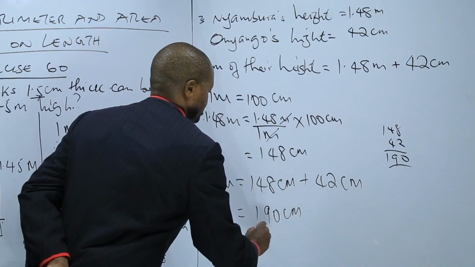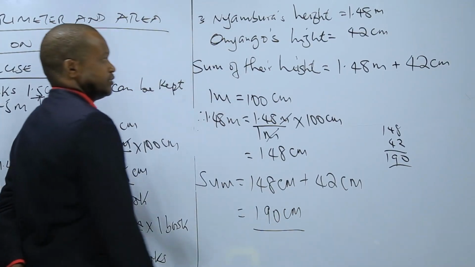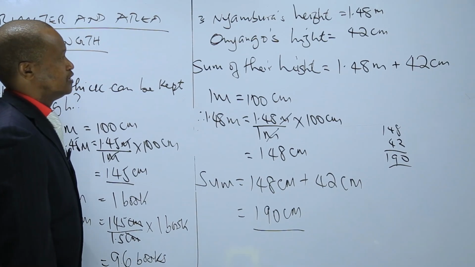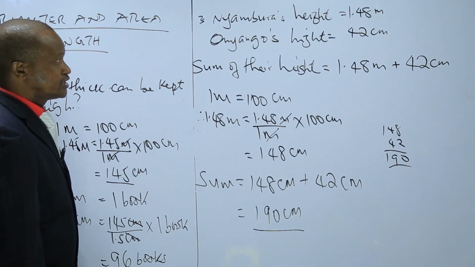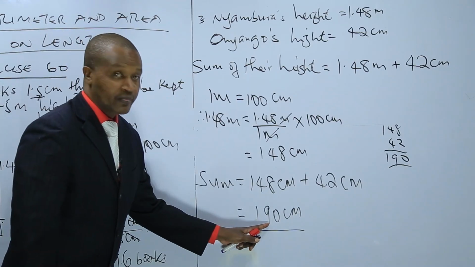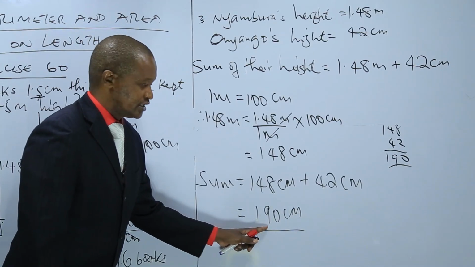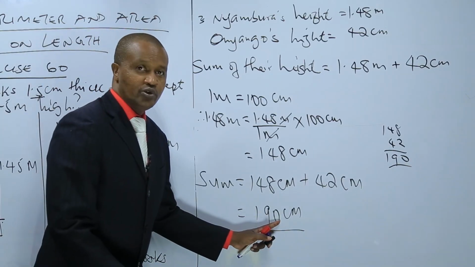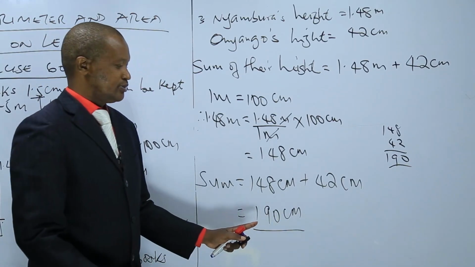So 190 centimeters is the sum of their height, that is Nyambura's height and Onyango's height. If asked to convert this into meters, then it becomes simple.